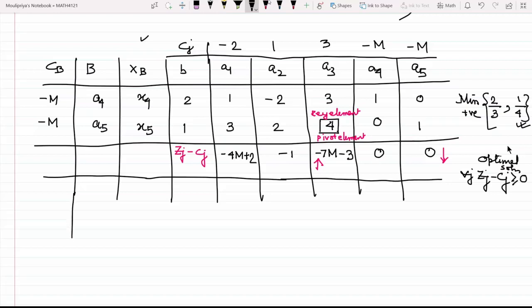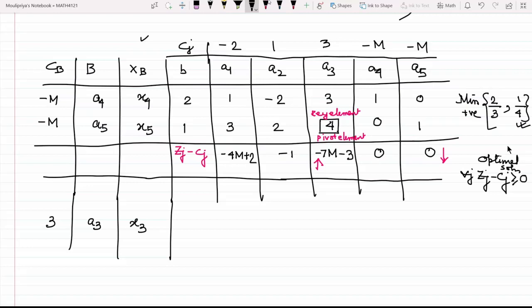The next step, instead of A5, we would be replacing it by A3. Instead of minus M, we are going to write 3. Instead of x5, we would be writing x3.